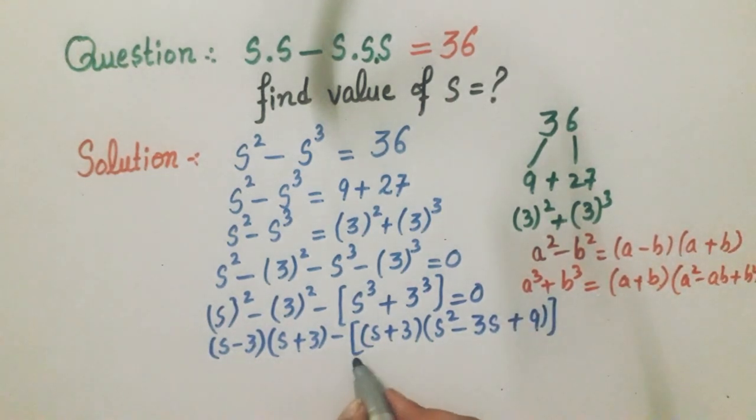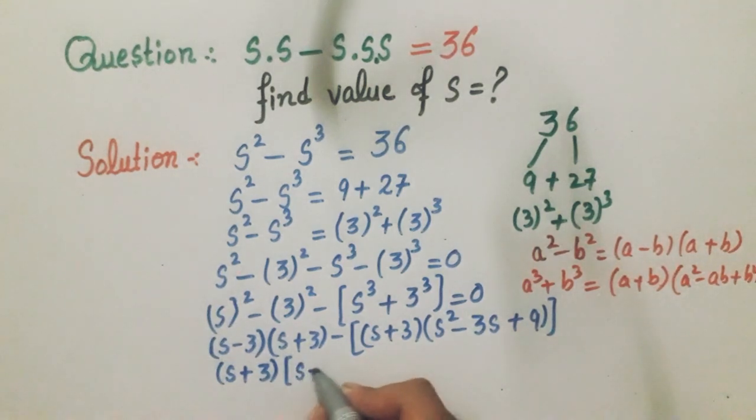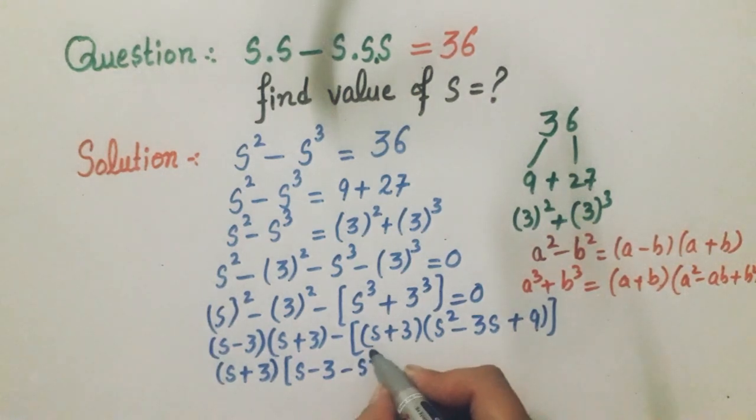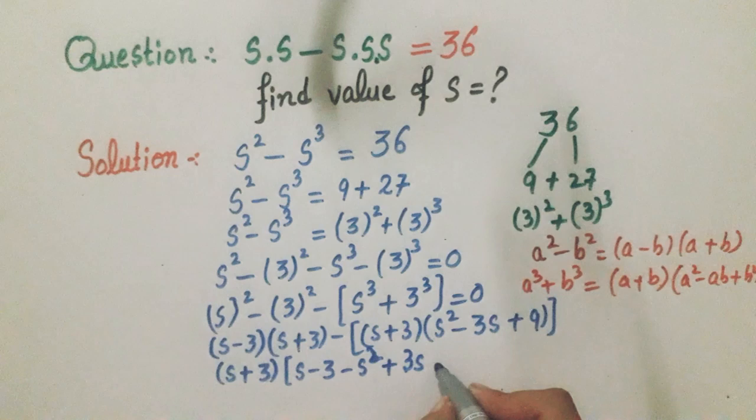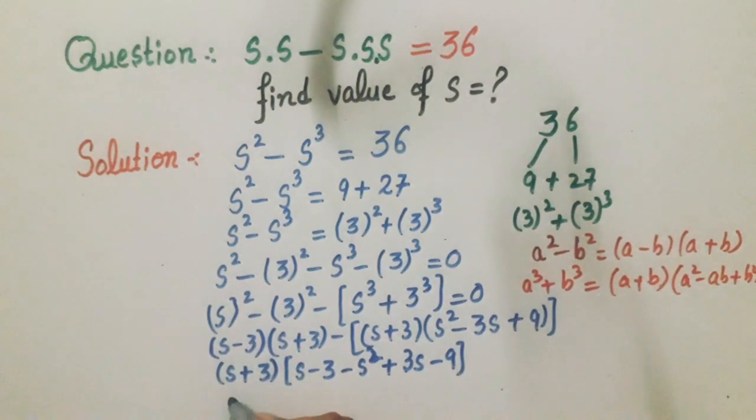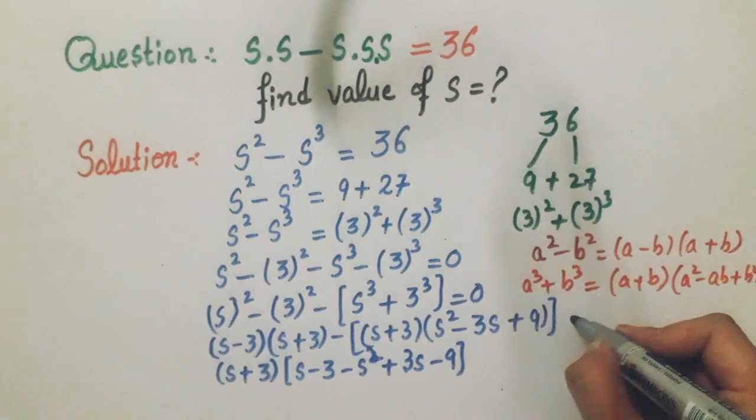Now we can take s plus 3 as common from this. So we get s plus 3, remaining is s minus 3, then the minus sign is multiplied inside, we get minus s squared, plus 3s minus 9, and this equals 0.